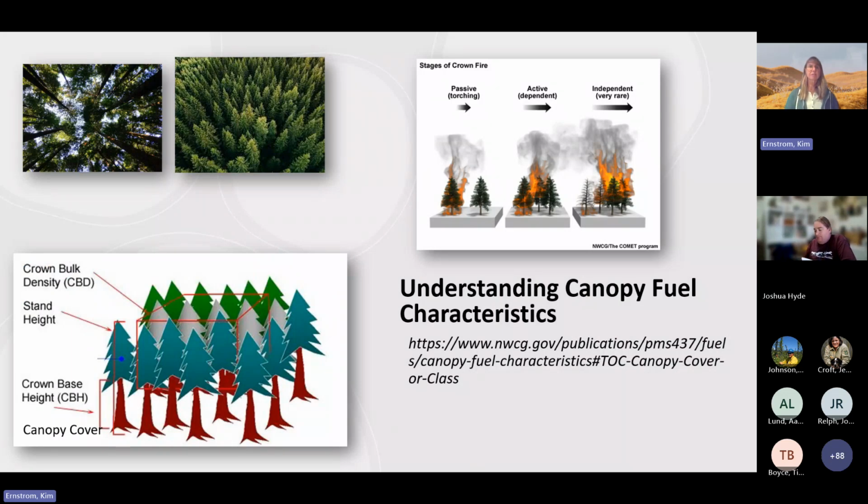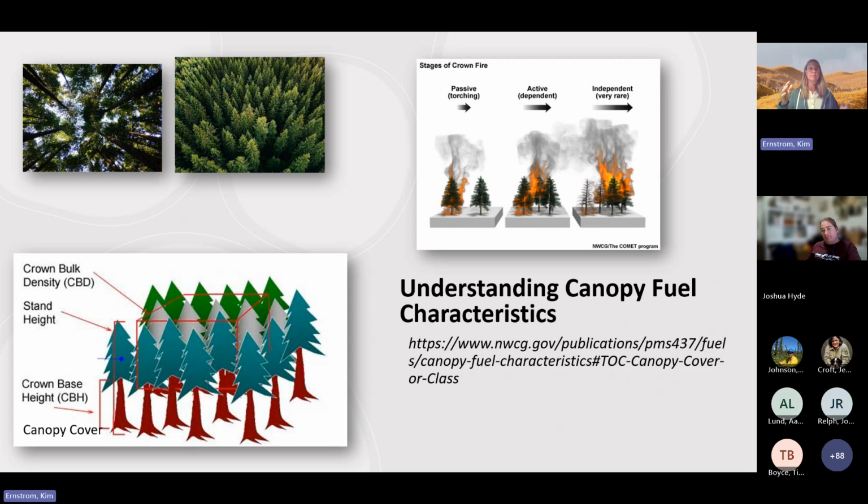The canopy characteristics are the four that we deal with, and we can even narrow it down from there. Crown bulk density, right? That's how much volume of material is in the crowns of our forest, or our stand, or whatever we're working at. Stand height, how tall the trees are. Crown base height, the distance from the ground to the bottom of the closest boughs on the tree.